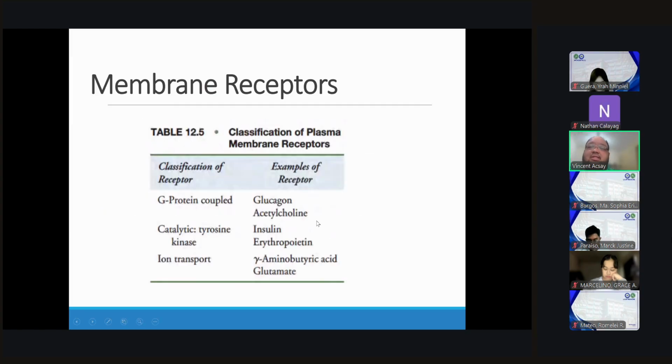So this is just a small table from Devlin that shows the different kinds of receptors. So you have your G-protein coupled receptor, an example of which is your glucagon and your acetylcholine receptors. Tyrosine kinase type of receptor like insulin and erythropoietin, and ion transport like glutamate and gamma aminobutyric acid.